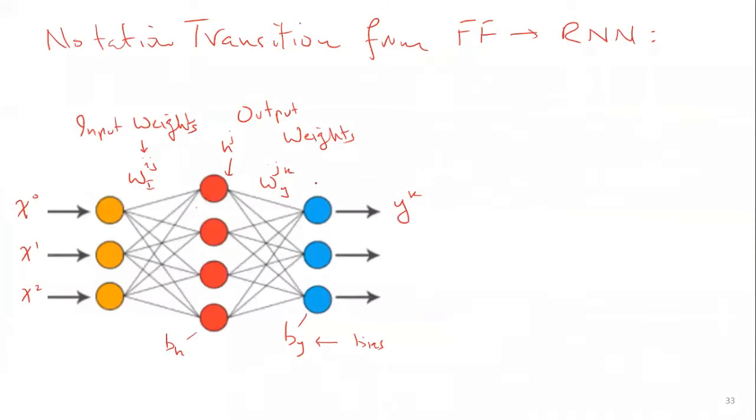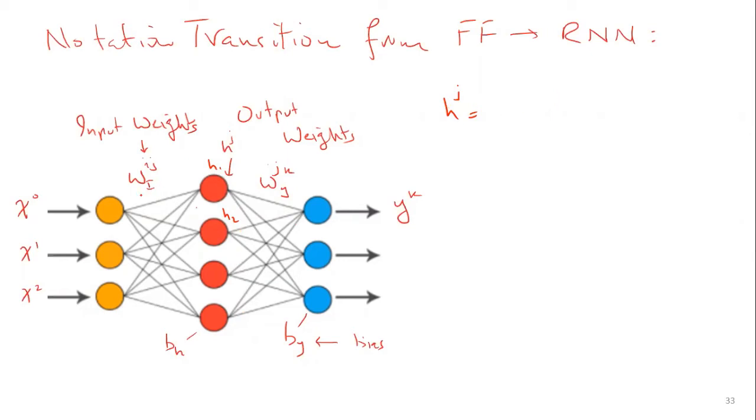So now let's look at the output. Can somebody tell me what would be the equation for h of j? So now j is each one of these. For example, this would be h1, this would be h2, and this would be hj in general.